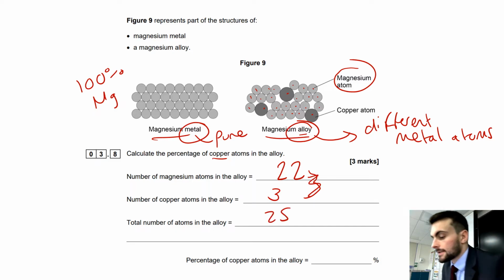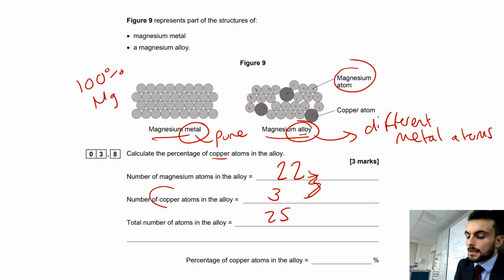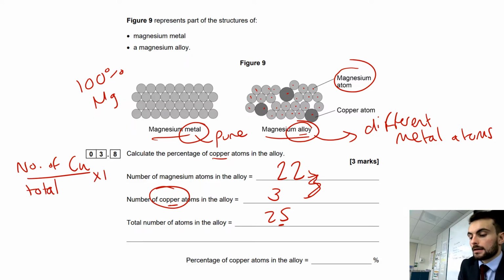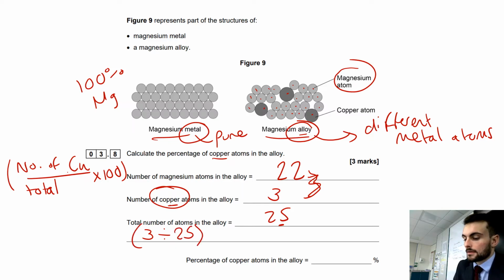And then to get the percentage, we're trying to figure out what percentage of the total is taken up by the copper atoms. So you just do the number of copper atoms divided by the total and then times it by 100 to get it as a percentage. So number of copper atoms is 3 divided by total number of atoms is 25 times by 100, and you would get 12%.